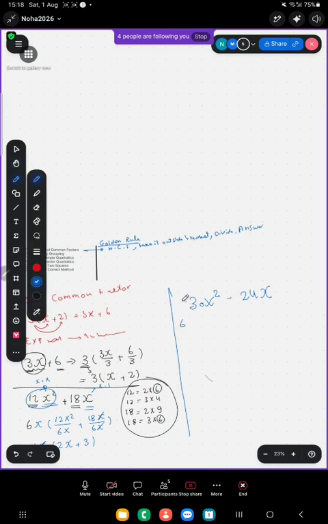Because 30 is coming from 6 multiplied by 5 and 24 is 6 multiplied by 4. And x power of 2 and x, we will take only one x. Here 30 divided by 6 gonna be 5. x power of 2 divided by x gonna be x. Minus 24 divided by 6 gonna be 4. x over x gonna be 1. So it's finished. So what is our common mistake?